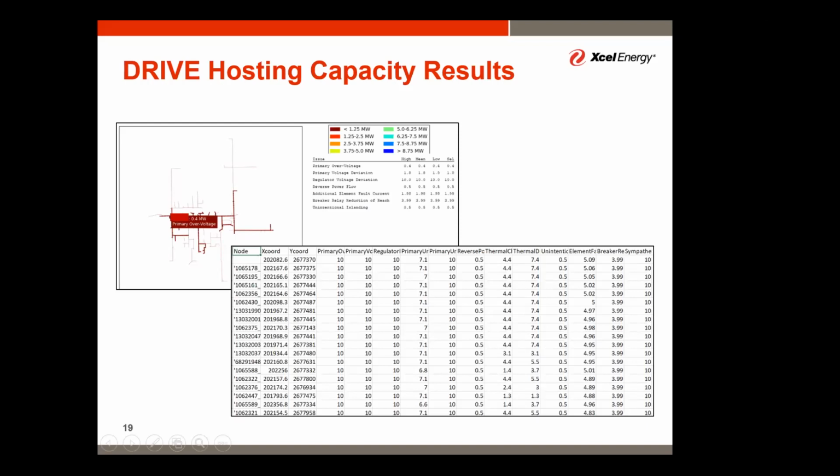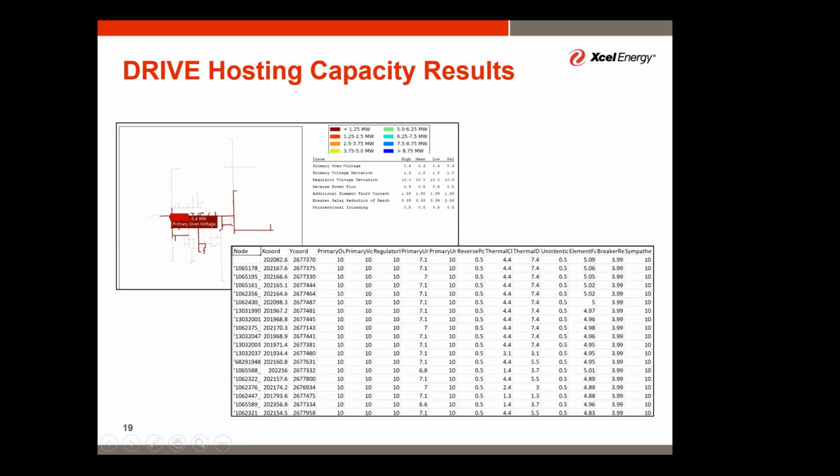We can see that the various criteria can be selected, and their overall feeder statistics can be shown, as well as you can select various points on the feeder, and a little pop-up window will appear showing the most limiting factor. In this case, at this point, I believe right over here, the minimum hosting capacity would be 0.4 megawatts, limited to primary overvoltage.